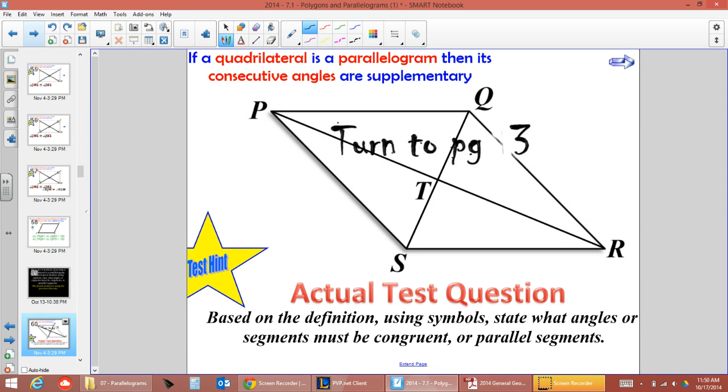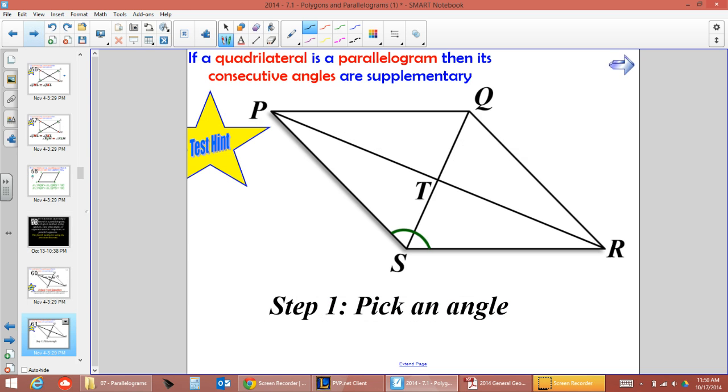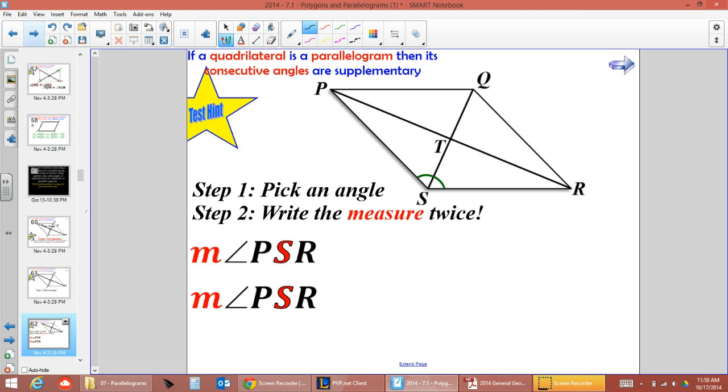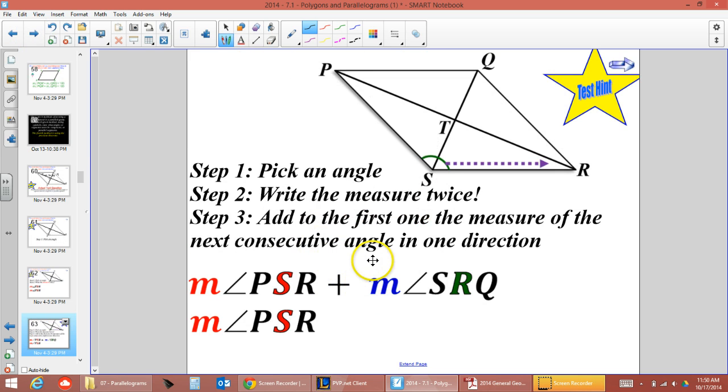Let's look into it. Let's see if we have a test question just like this. I give you this definition. You've got to pick an angle. Looks like I picked S here. And I say, all right, write the measure twice, the measure of PSR. My apologies. And then I write it twice. And I say PSR plus SRQ has to equal 180.